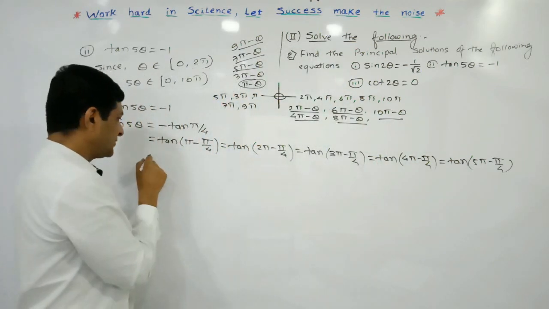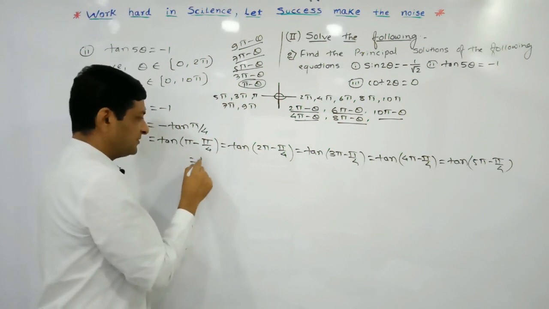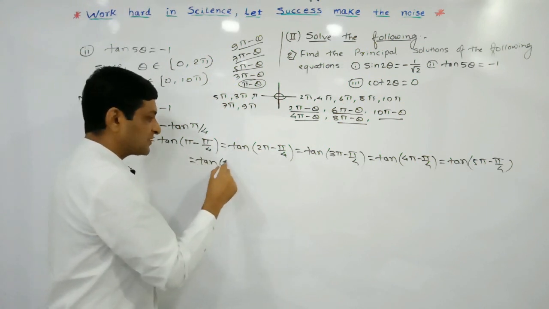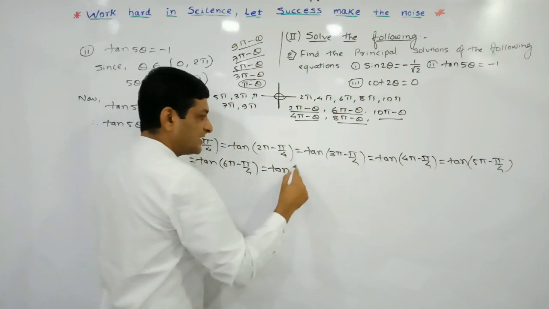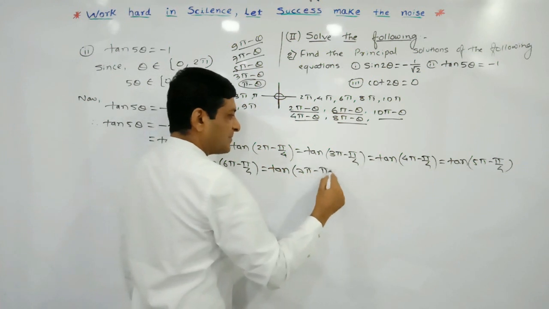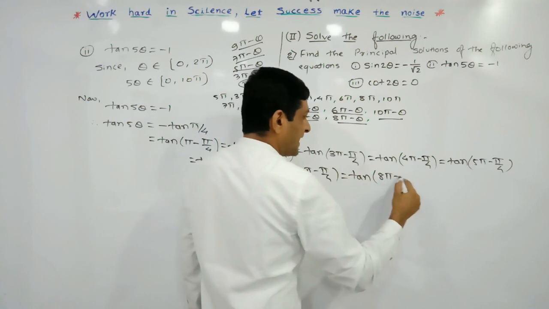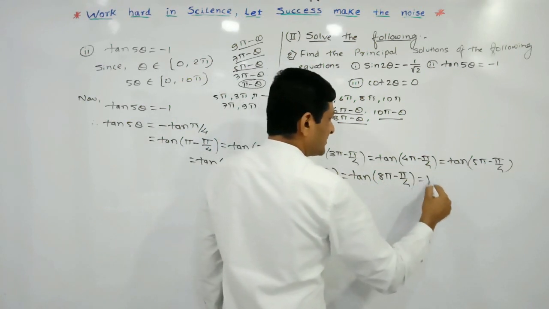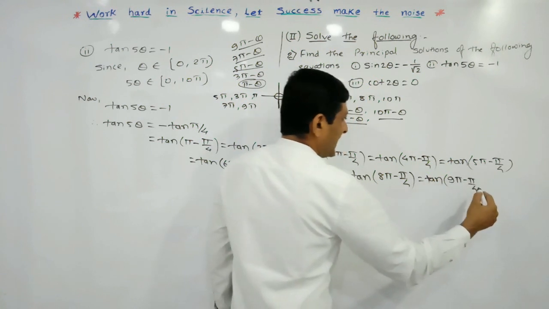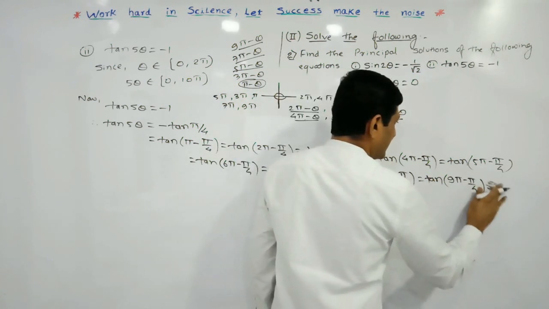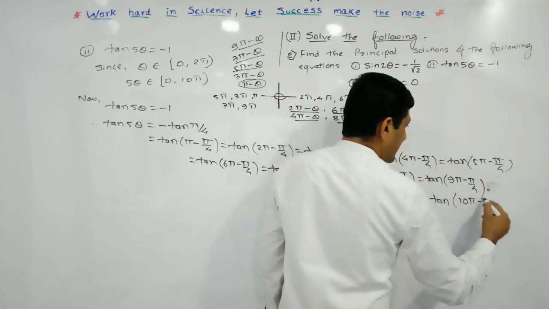So this is also equal to tan(6π − π/4), then tan(7π − π/4), tan(8π − π/4), tan(9π − π/4), and lastly tan(10π − π/4).